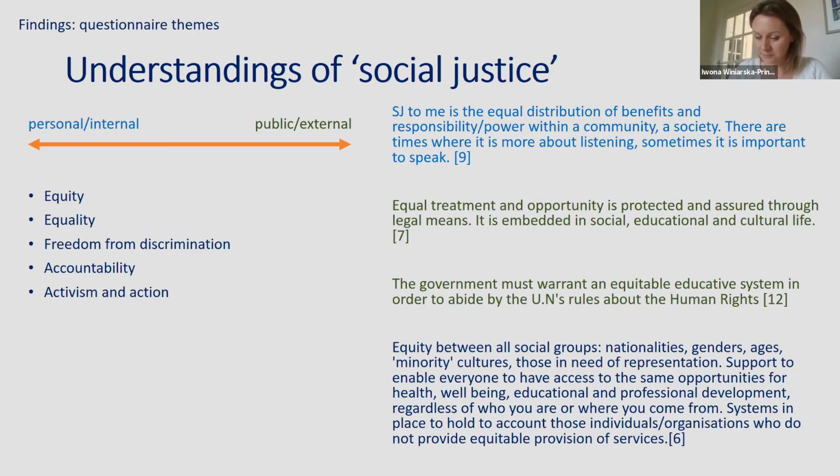There was also a group of answers around equity in terms of fairness, inclusion, representation and participation. So that participatory parity that we heard about this morning in Maha Bali's plenary. There was also freedom from discrimination, but also more general freedom, as in Mentimeter, freedom and safety.